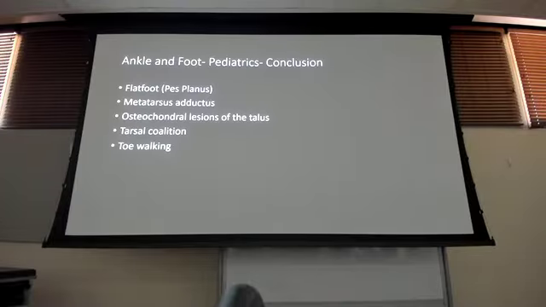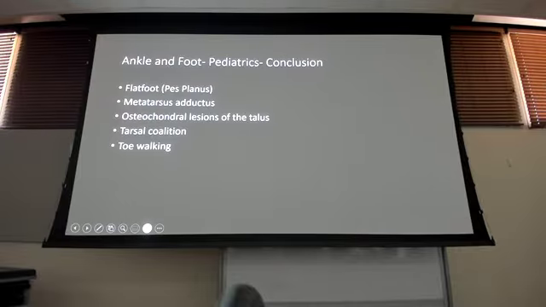Osteochondral lesions in the talus. They'll complain of chronic ankle pain, and you'll usually misdiagnose it as an ankle sprain multiple times. So if we have any joint line tenderness and normal ligament testing with our anterior drawer and our talar tilt, then we want to consider an osteochondral lesion.